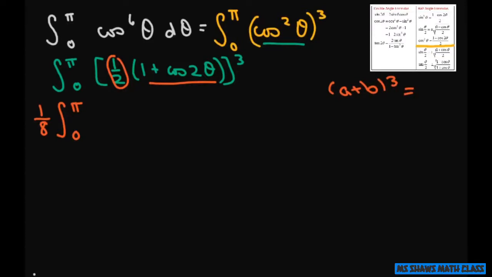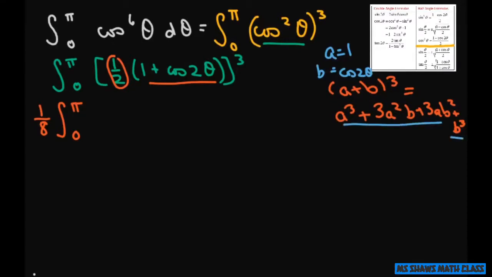And that equals a cubed, this is your binomial expansion, 3a squared times b plus 3ab squared plus b cubed. So that's all I'm going to do here is expand that. Luckily my a is just 1, and my b therefore is cosine 2 theta. So using this formula here, let's expand that.